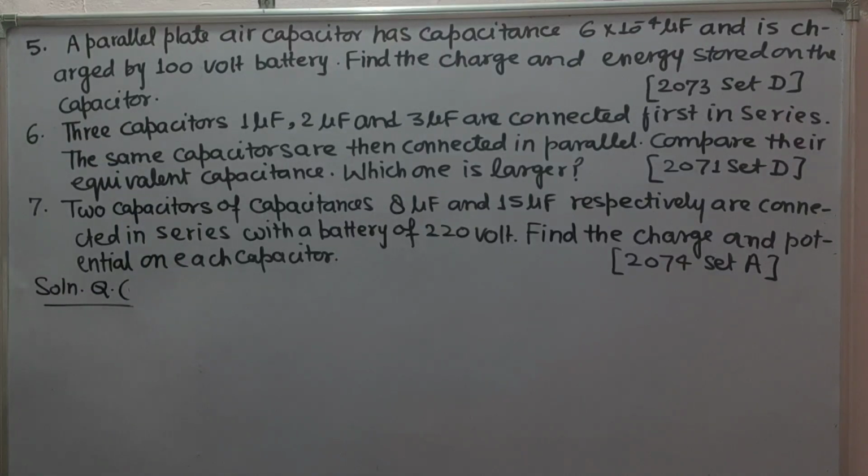Next question number 7. The question is: 2 capacitors of capacitances 8 microfarad and 15 microfarad are connected in series with the battery of 220 volt. Find the charge and potential on each capacitor. Now solution to question 7.